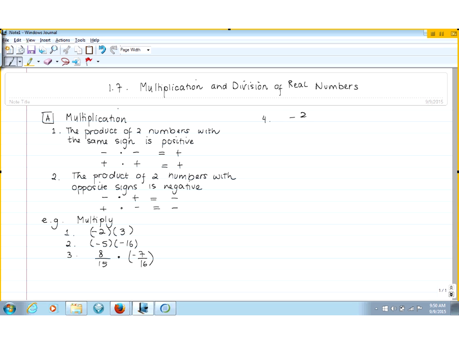Number 4, negative 2/3 multiplied by negative 7 over 8. Alright, so try this first. And what about zeros? Negative 1.25 multiplied by 0. Very easy. They're all very easy. So try it. Maybe 2 minutes you're going to be done. Right?